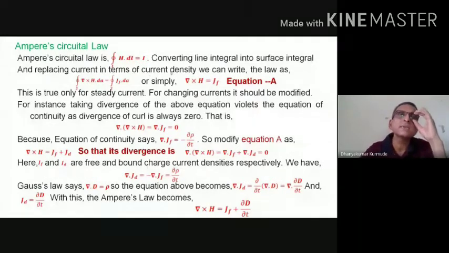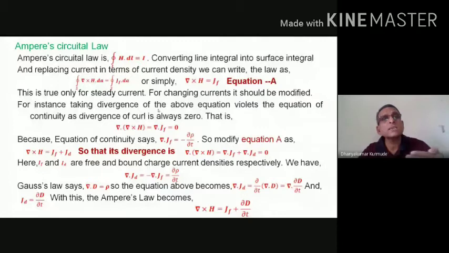To understand current density, we have to first understand what is meant by current. As you all know, current is nothing but movement of charges. Motion of charges constitutes the current. So imagine the charges flowing through the conductor. When the charges move through the conductor, they have to move across the cross-sectional area of the conductor.